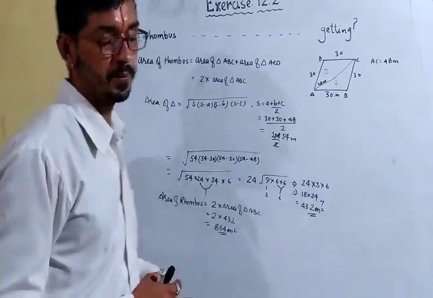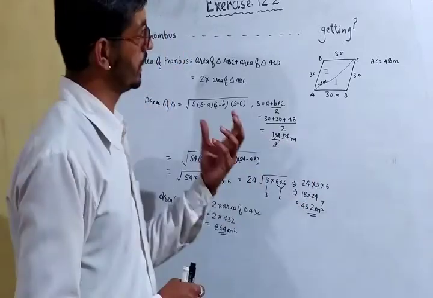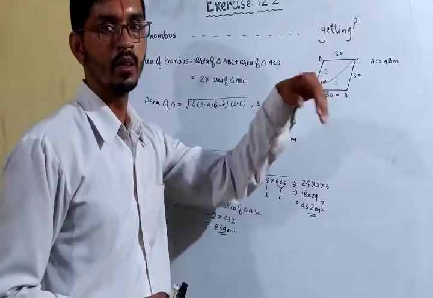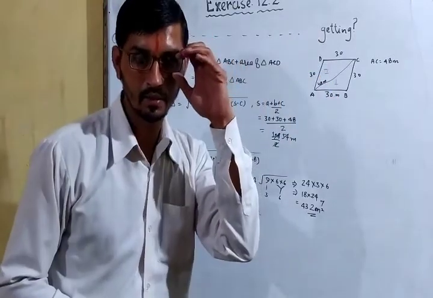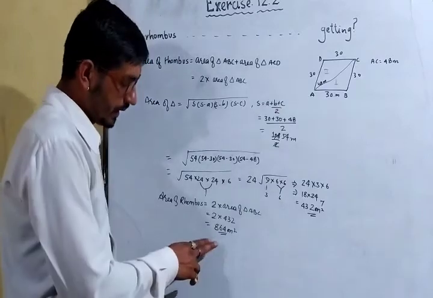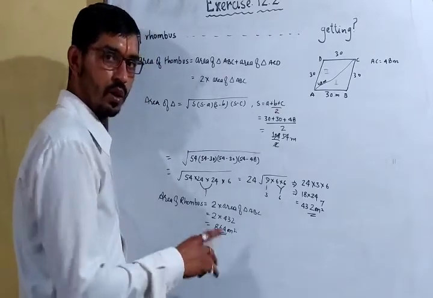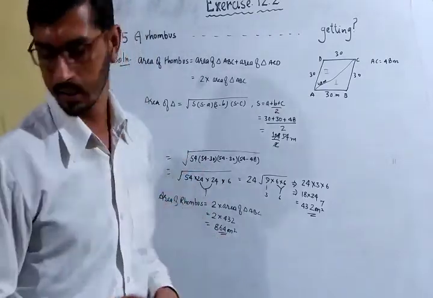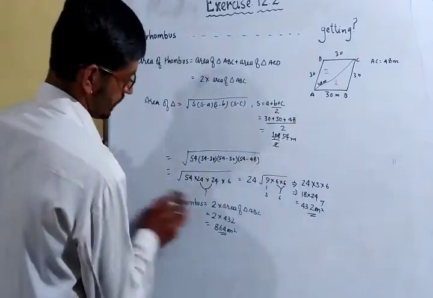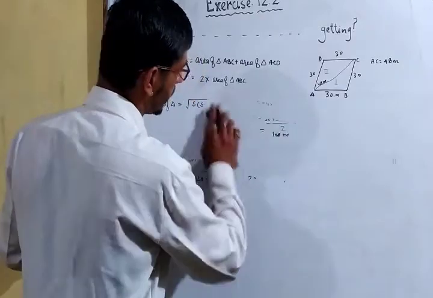Now what we have to find? We have to find how much area inside this rhombus 18 cows are grazing, not single. 18 cows are grazing. So 18 cows are grazing this much of area. So how much area one cow will get? So we will find. So at last what he will write?